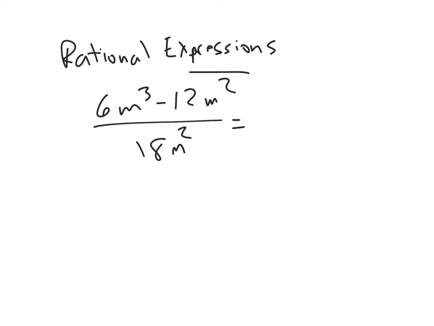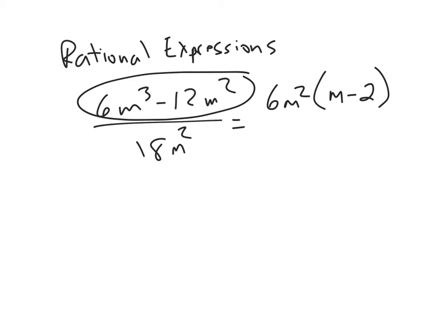So what can I factor out of this guy right here? Well, the common factor is 6, and they both have an m, at least an m squared. And so if I divide by that number, I get this. So remember now, if I distribute this times this and this times this, I would get what I started with. Okay, so now I've got this on the bottom.